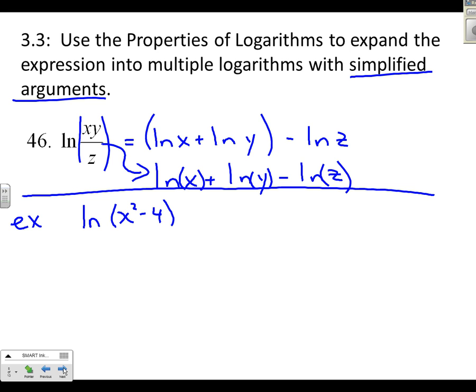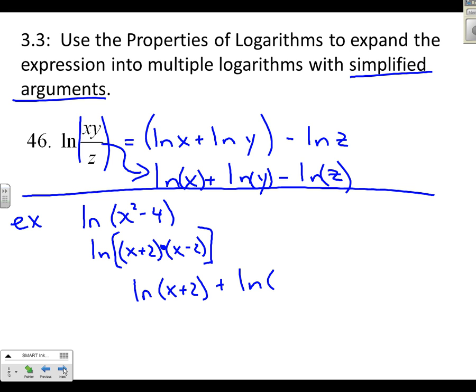These rules work with factors, but I could write this as ln of x plus 2 times x minus 2, and that, because there are factors in here, would be ln x plus 2 plus ln x minus 2. So the key is we need factors to apply this property.